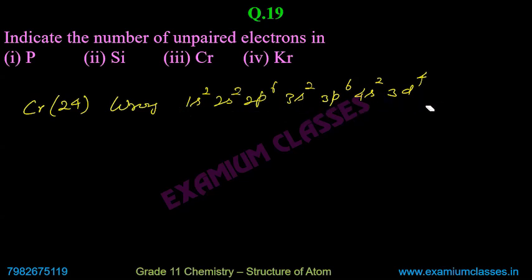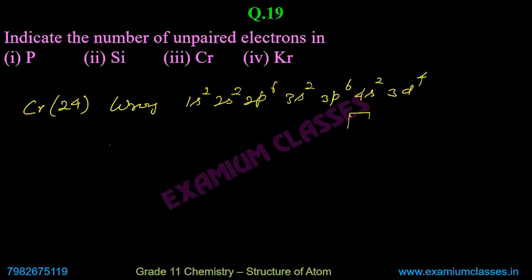But what happens? 4s and 3d are very close in energy, meaning the electron requires a very small amount of energy to move from 4s to 3d. In those cases where the energy required to move an electron from one orbital to another is very small, this type of transition can take place where the configuration becomes more stable.